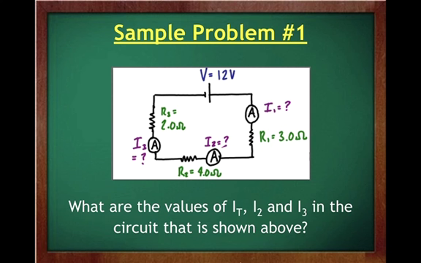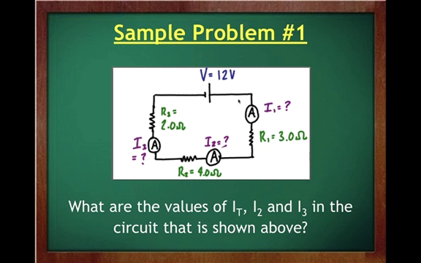Okay, so this is our diagram. We've got clearly a 12-volt battery, so there's 12 volts of potential energy coming from the battery. In this first resistor, we know that the resistance is 3.0 ohms, and we are interested in the value of the current flowing through this resistor.